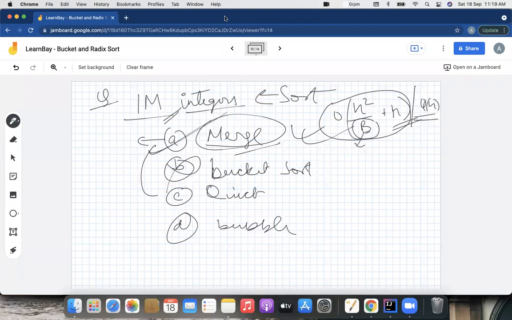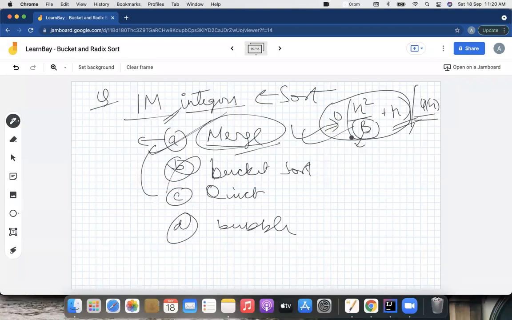Any specific questions? Can we say fewer buckets and more elements per bucket means preference for bucket sort? No. So there are two types of solutions using bucket sort.